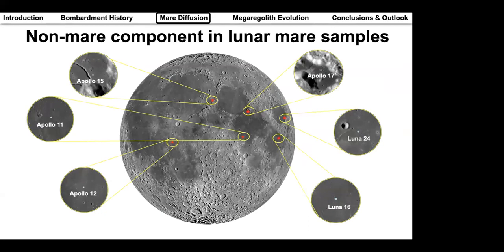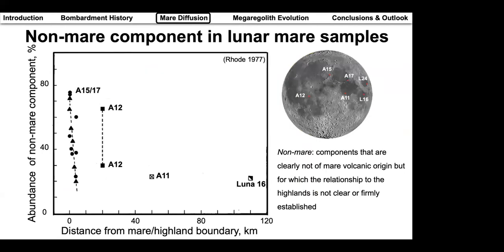However, after analysis of these samples, people found that they contain not only Mare materials but also a lot of non-Mare materials. For example, for Apollo 15 and 17, it ranged around 20 to 80%. Apollo 12 ranged around 30 to 60%. Although the others have smaller values, they still contain around 20%.